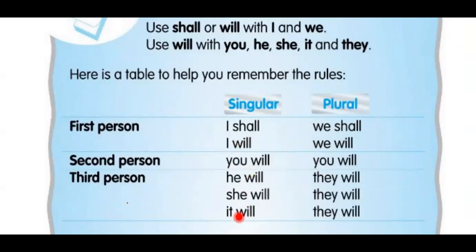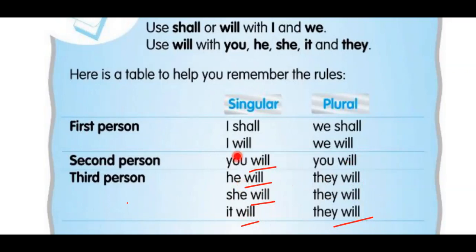You, he, she, it. Here, did we use the helping verb shall? No, we used the helping verb will only. You will, he will, she will, it will, they will. What did we use over here? Very simple, right?